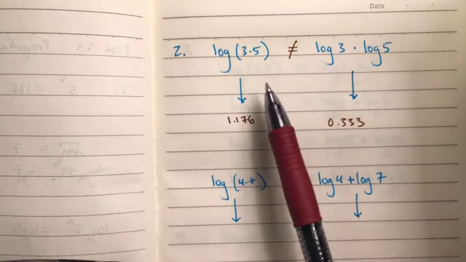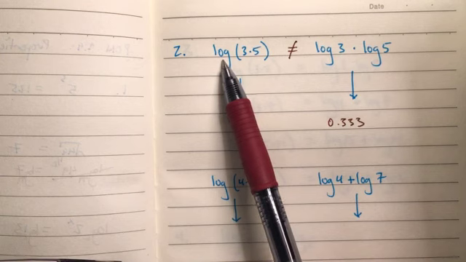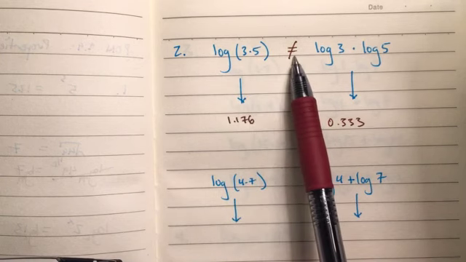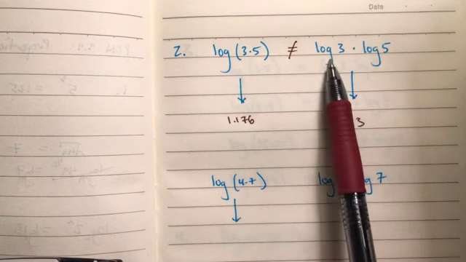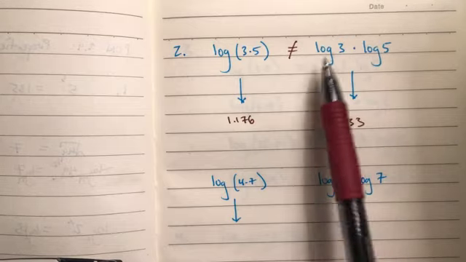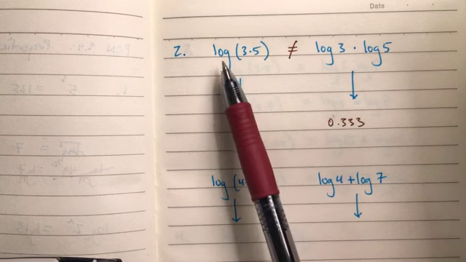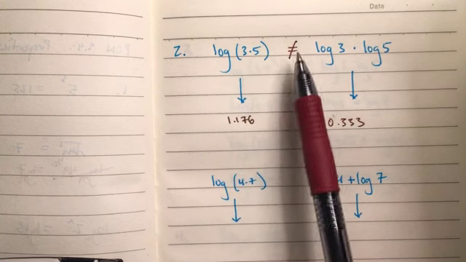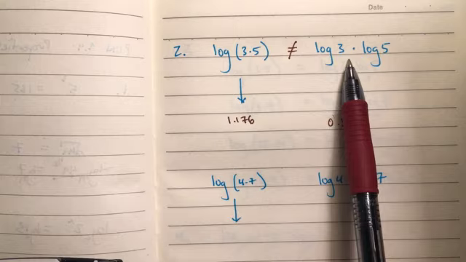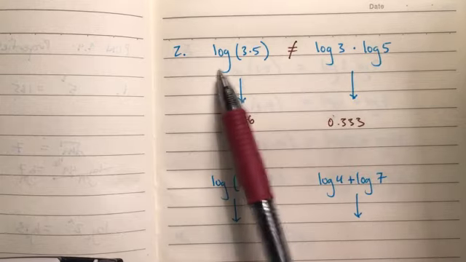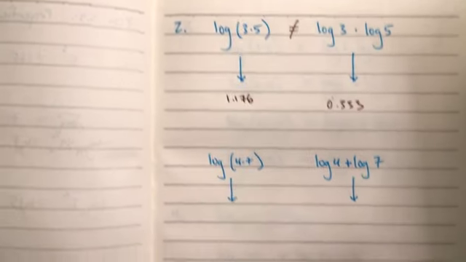So that is important to know. The logarithm of a product is not equal to the product of the logarithms. Okay, we would like it to be true, but it's just not. The logarithm of a product is not equal to the product of the two logarithms. So you cannot assume that that's true.